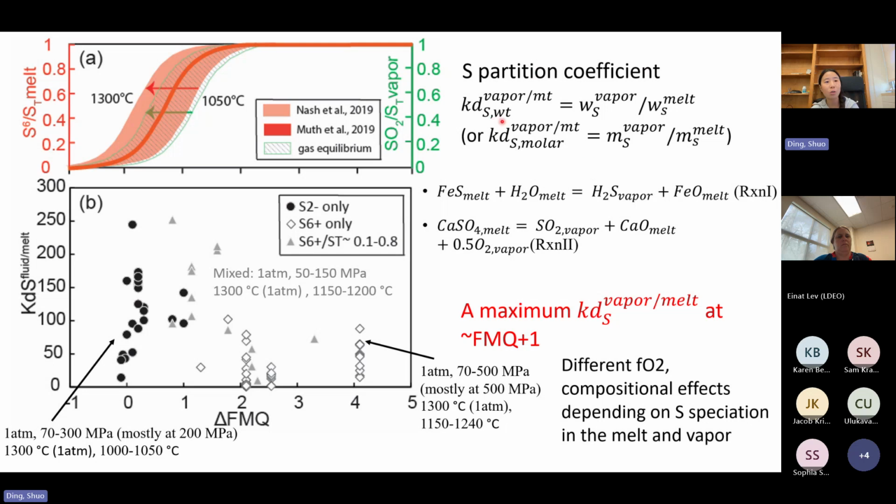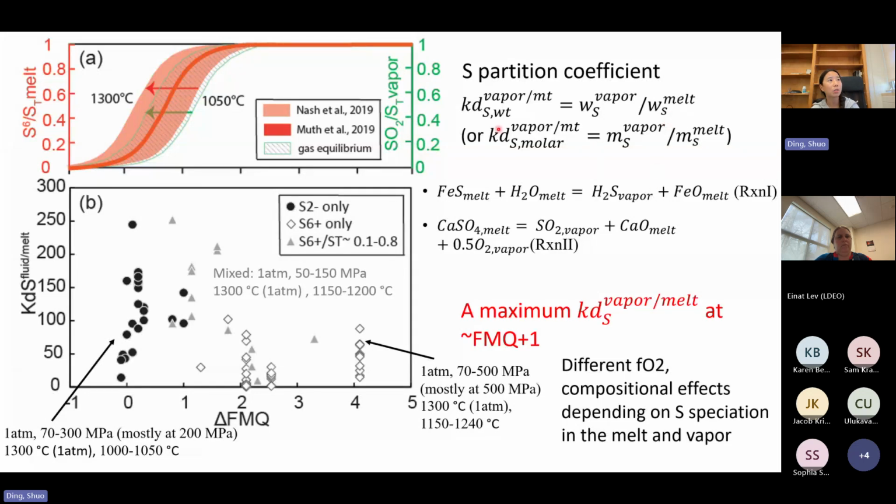Here we're using the sulfur partition coefficient. By definition, the partition coefficient between vapor and melt is the sulfur concentration, which could be weight percent or mole fraction. In SulfurX, we're considering mole fraction: the sulfur mole fraction in the vapor divided by the sulfur mole fraction in the melt.